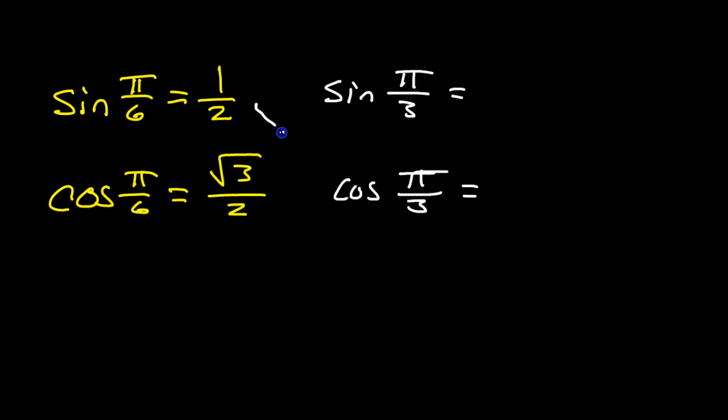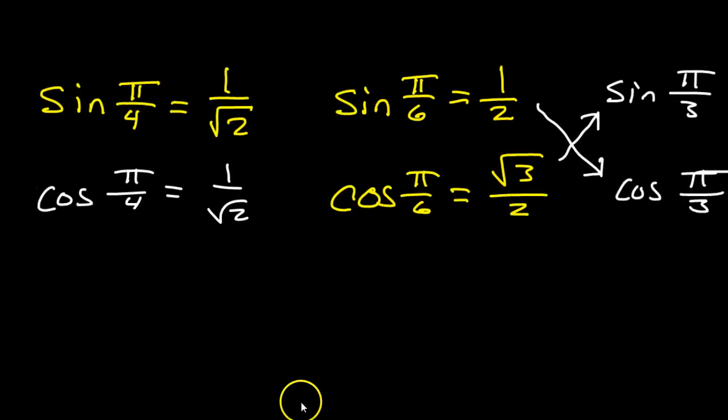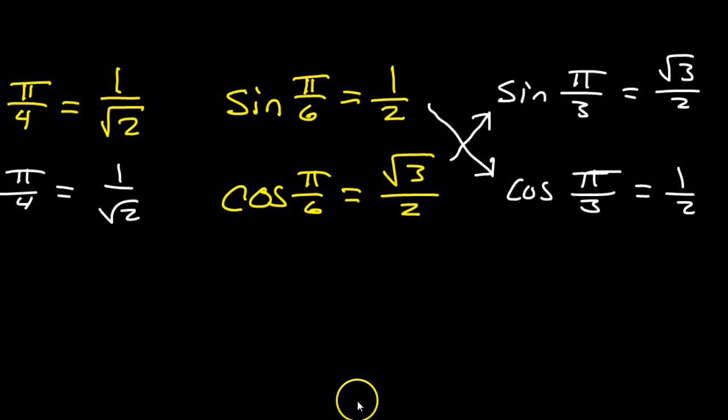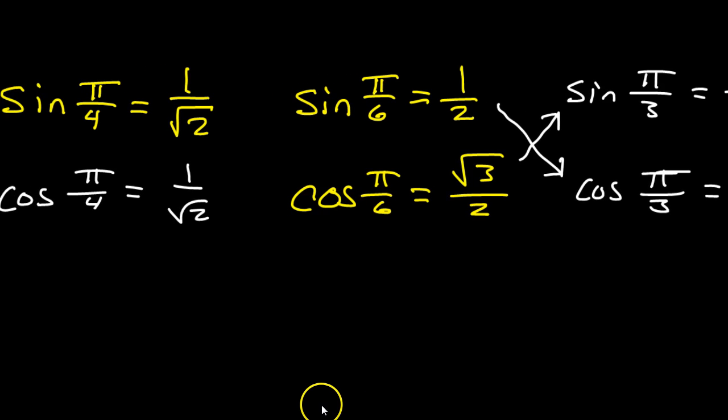Hopefully you have learned that these are just going to switch. So this will be radical 3 over 2, and this will be 1/2. But you had to memorize these first, and then you just go, oh, I switch them. So now I have these 6 helpful facts ready to go at any time.